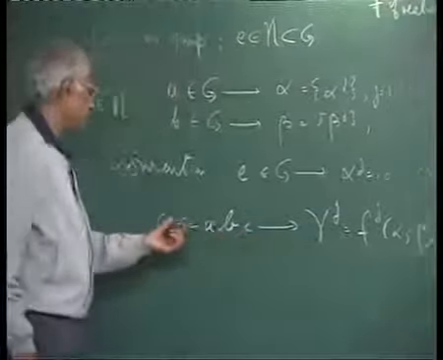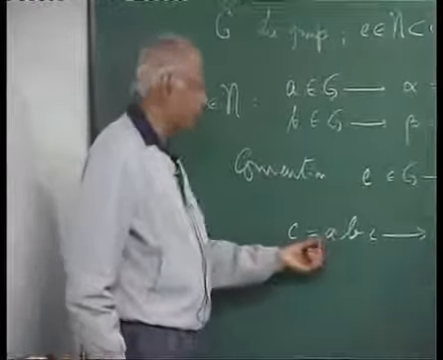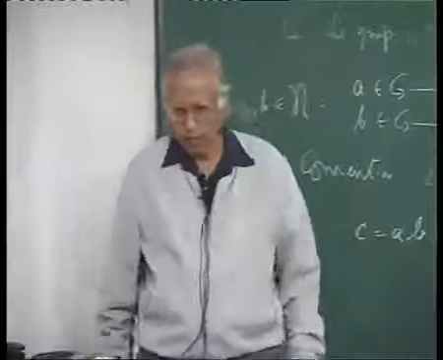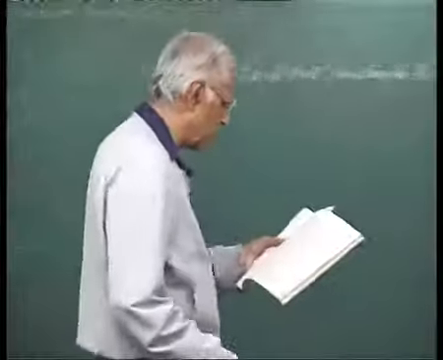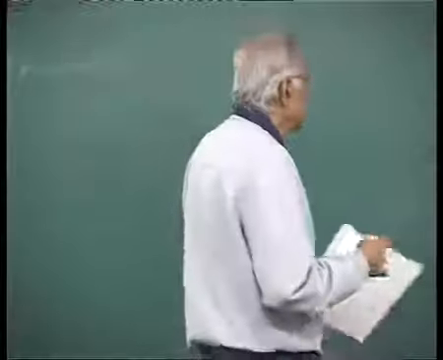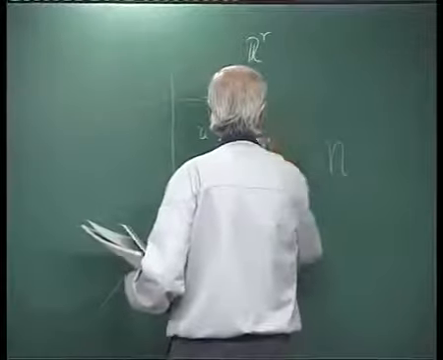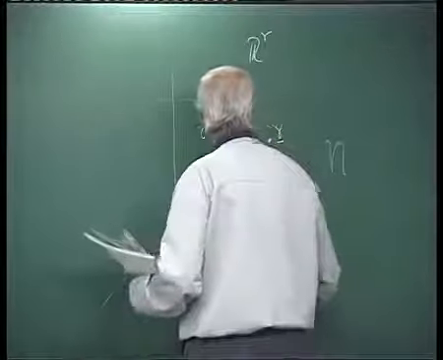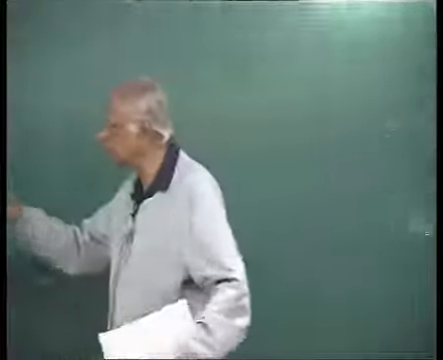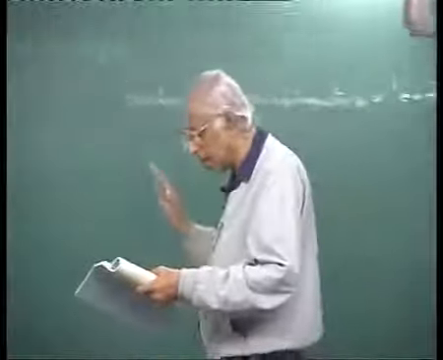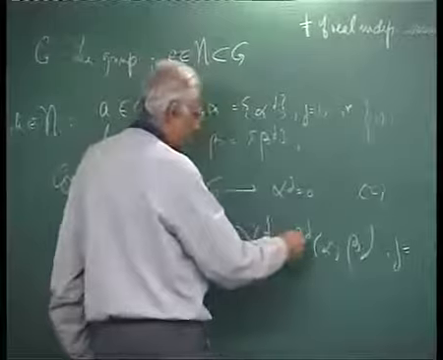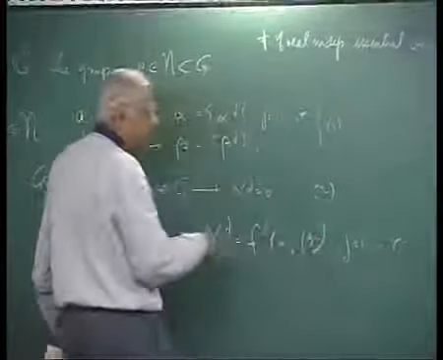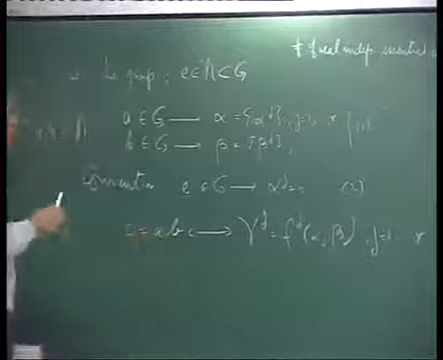They give the coordinates of the product element AB from the coordinates of A and of B. So the structure of the group, the composition rule or composition law of the group, is described in a given coordinate system by a system of numerical real coordinate functions. So I want you to be very careful. The number of functions is little r. The number of independent arguments in each function is 2 times little r.